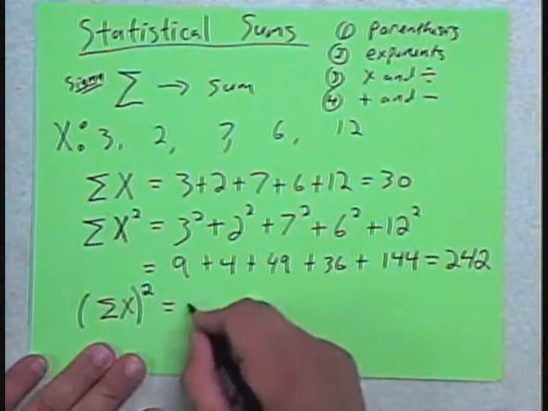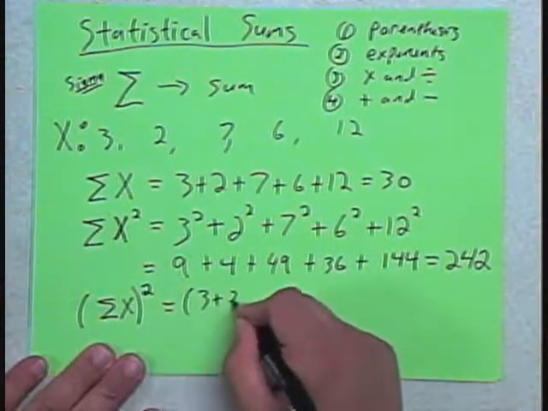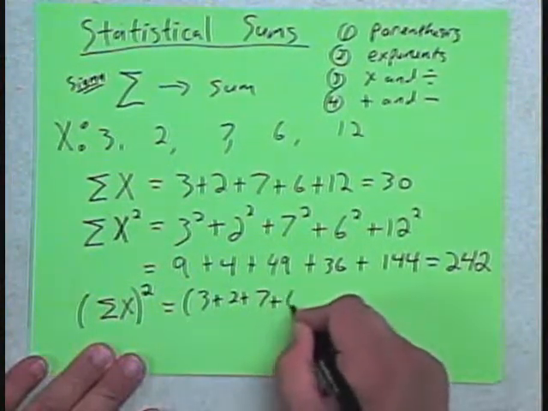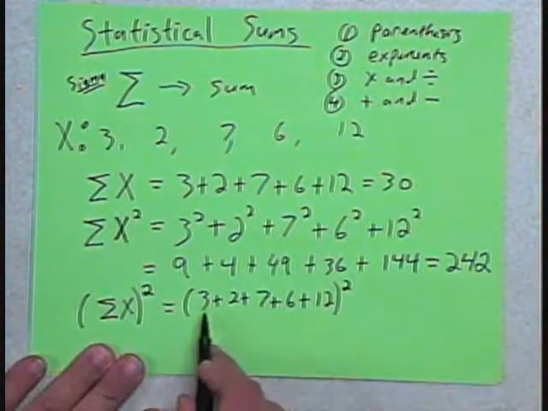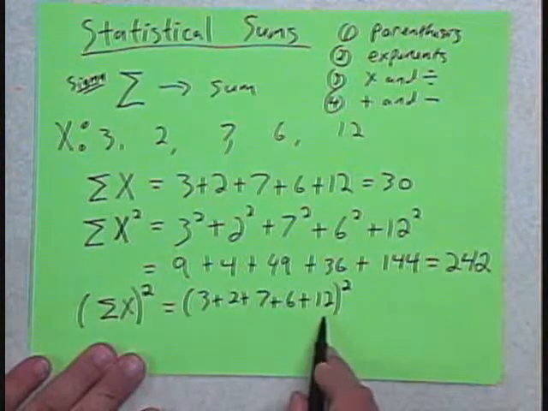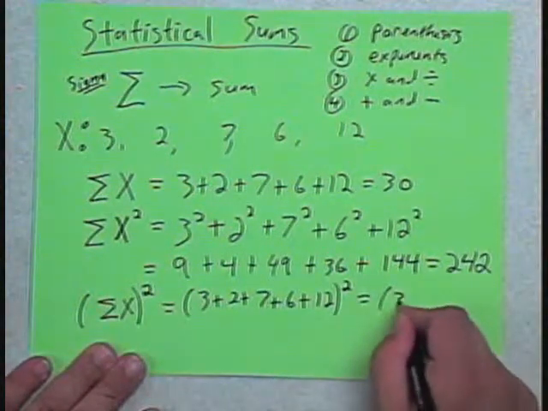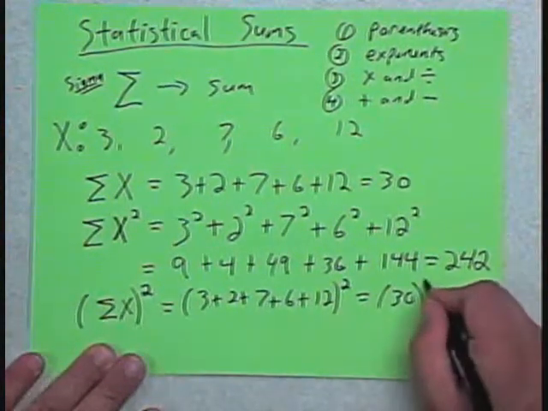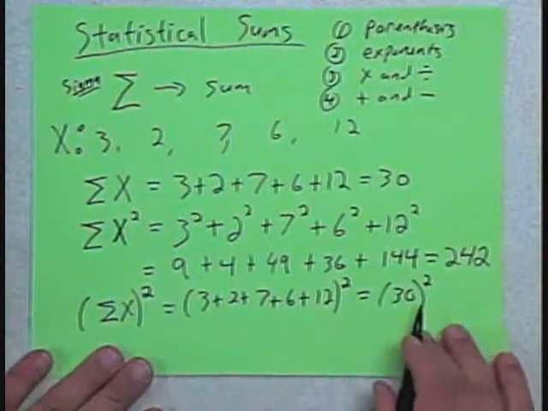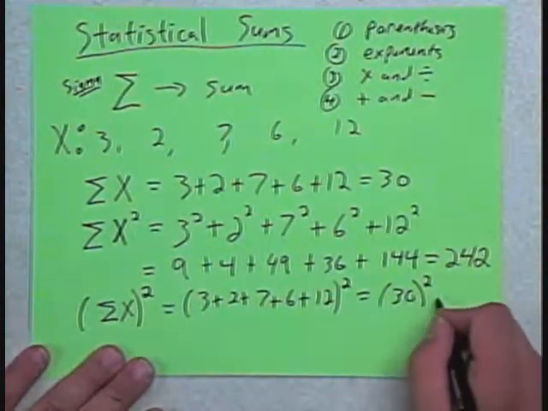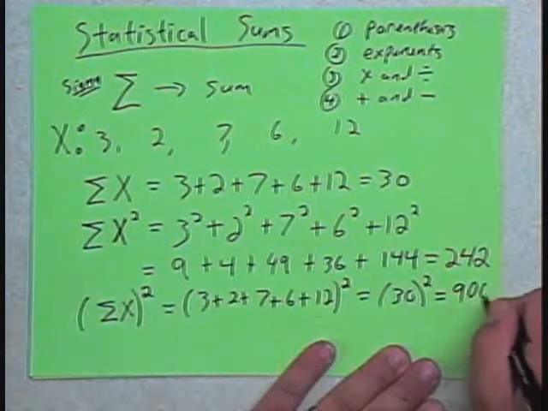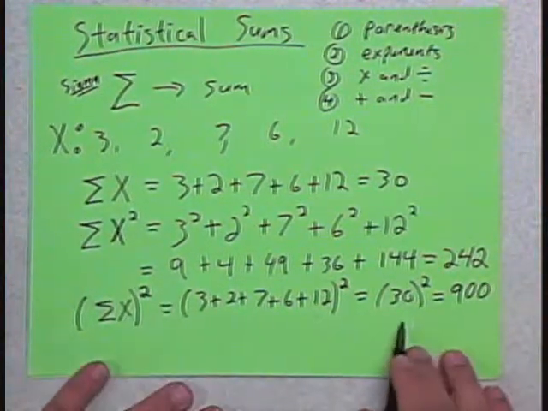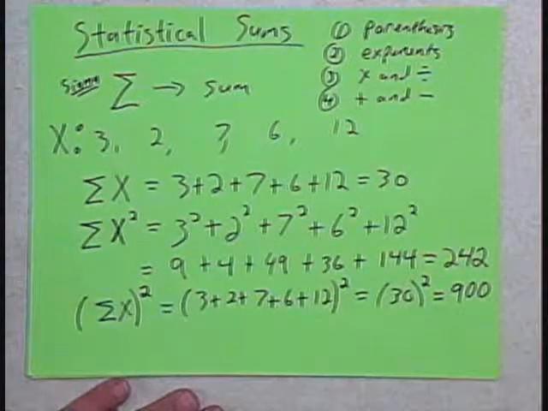So in this case, I'm going to add the numbers together first, and then I'm going to square. I do what's in parentheses, the sum of X, first, and then square. We've already added them together, it's 30. And then when I square it, I get 900. And this would be the sum of X quantity squared.